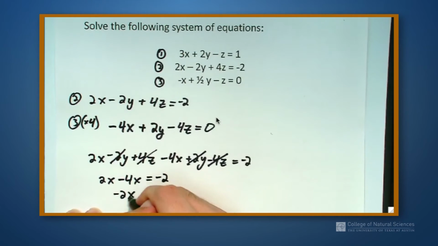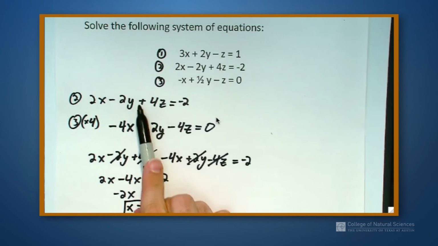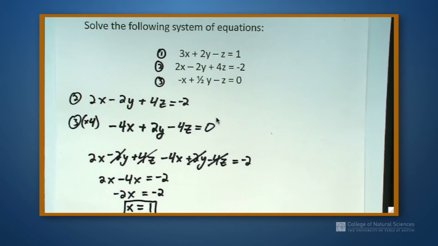Or negative 2x is equal to minus 2. Or we get that x is equal to 1. So I wasn't expecting this. I wasn't expecting to use two equations to actually eliminate 2 of the variables. Normally I only get 1 of them to eliminate, but I got lucky in this case.